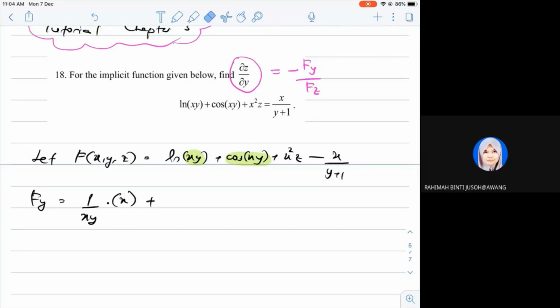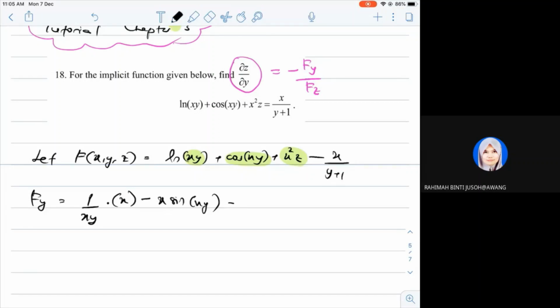We will have negative, we will have minus negative x sin xy because x is the constant. So we should bring the constant to the front. Okay, and then now, what happened here? X squared z differentiate with respect to y. We will get 0. 0, yes, good. Well done. Okay, so plus 0.